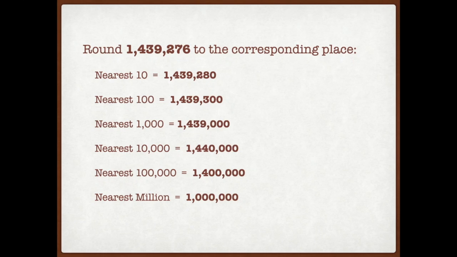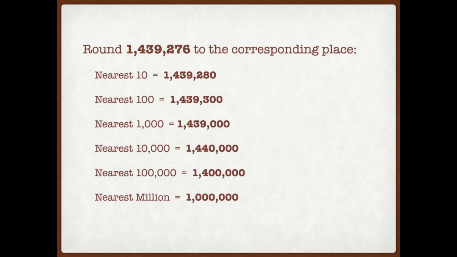Now let's do the nearest 1,000. That's going to be the 9. So 1,439,000. Okay, I underline the 9. I look at the 2. I circle the 2. 2 is less than 5.